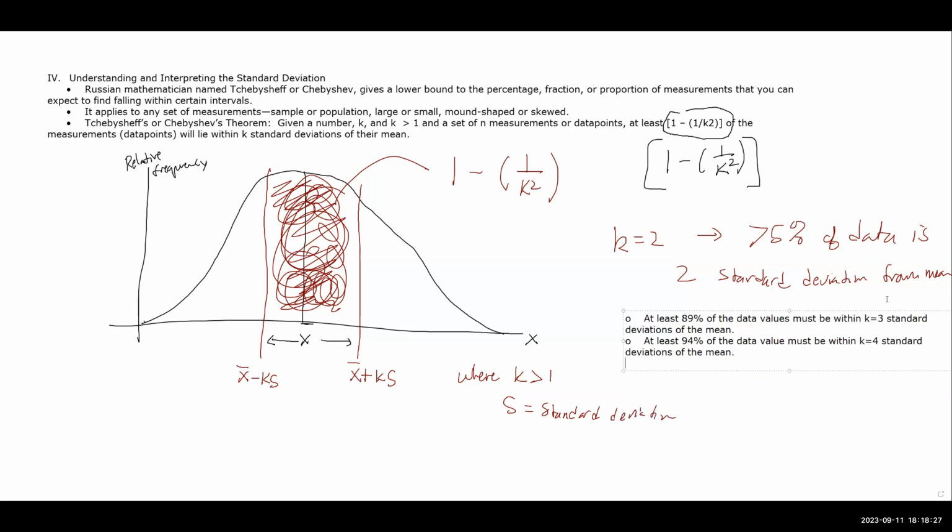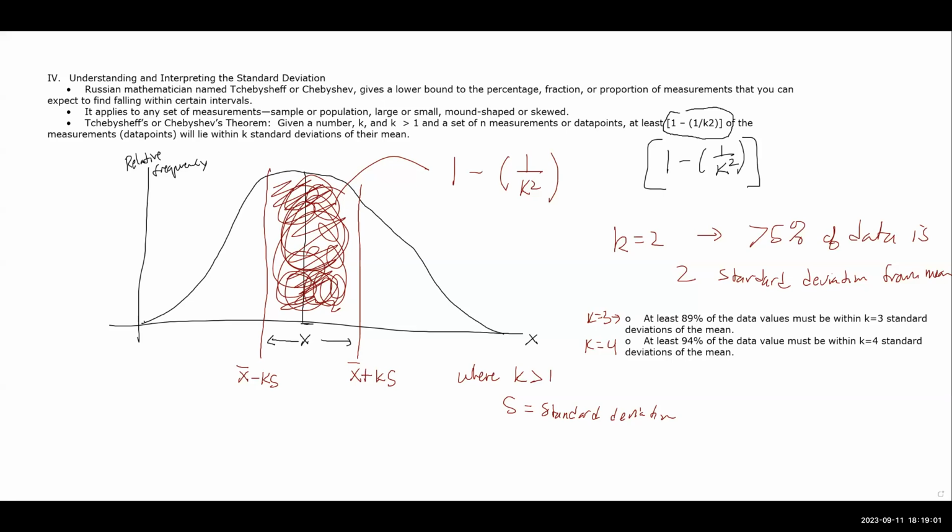If k is equal to 3, then 89% of the data will be within 3 standard deviations from the mean. And if k is equal to 4, 94% of the data is within 4 standard deviations from the mean. Okay, that's what Chebyshev said.